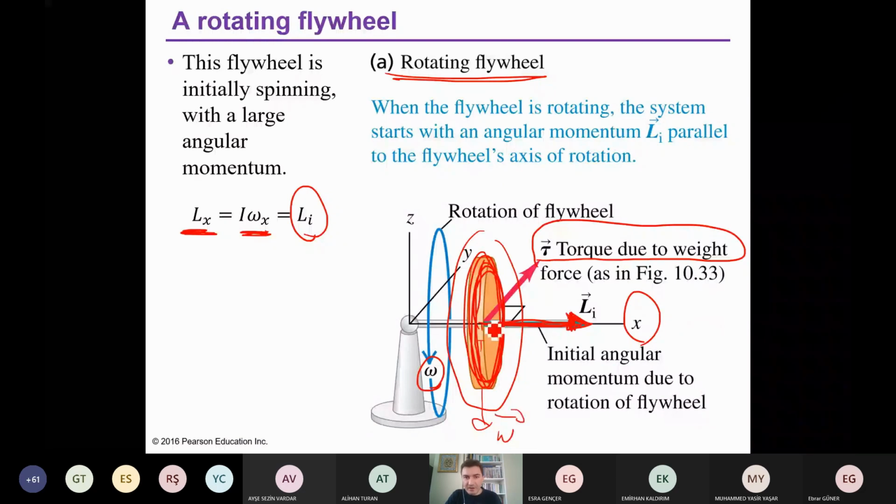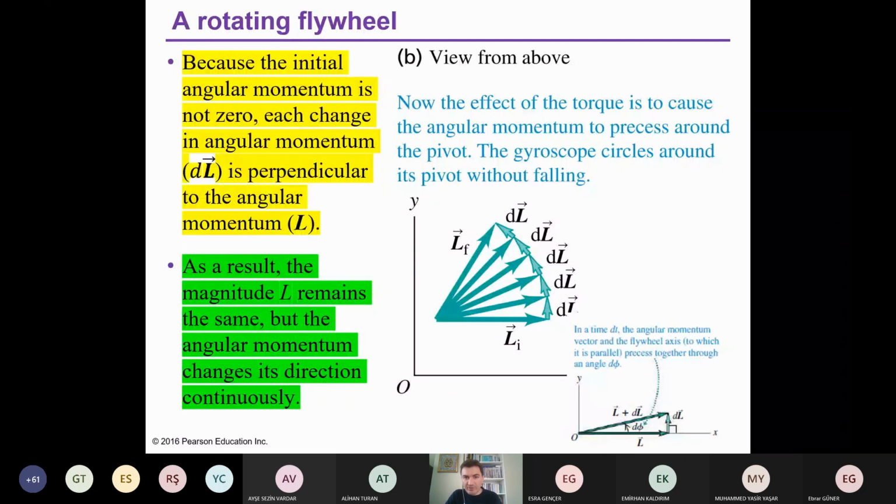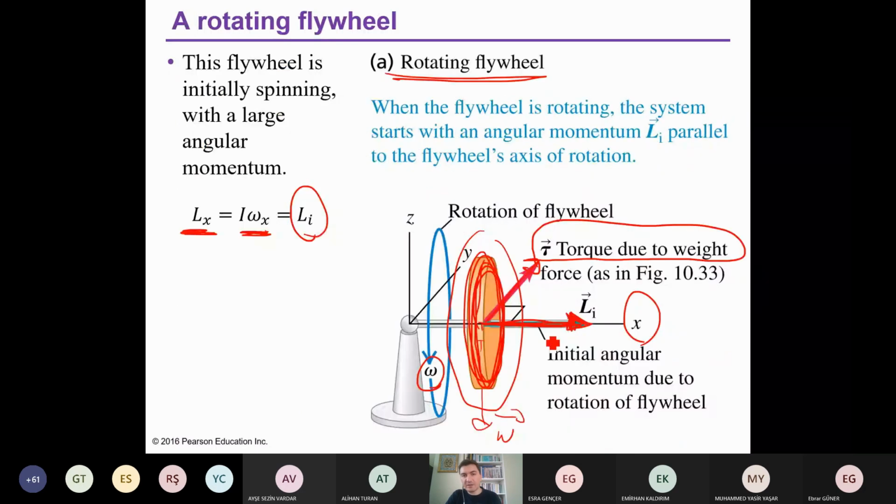This is the initial angular momentum of the flywheel. And here we have a torque along the y-axis, which is perpendicular to the angular momentum. So due to this torque, we have dL, okay?